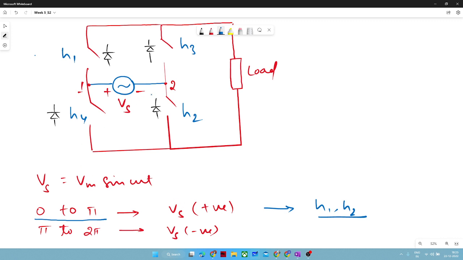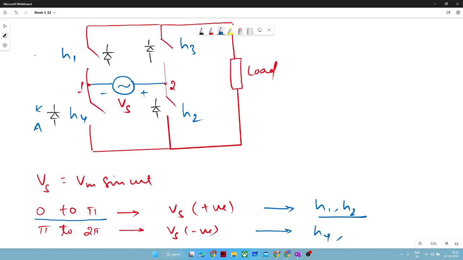Similarly, from pi to 2 pi, Vs will be negative now, right? The negative terminal of the voltage is appearing at node 1, and since the cathode of H4 is connected at node 1, or you can say pole 1, this negative voltage appears across the cathode of the diode, and hence H4 will be turned on.